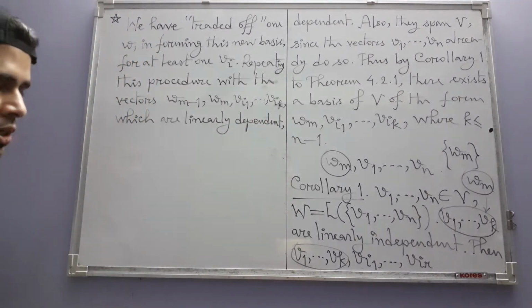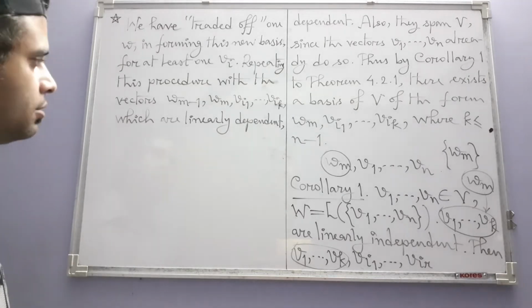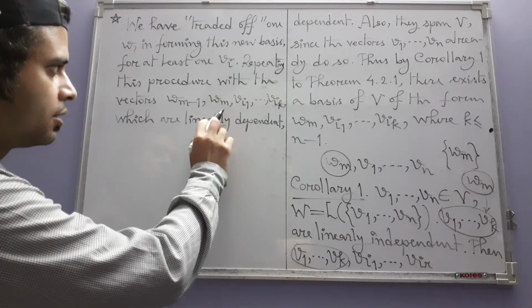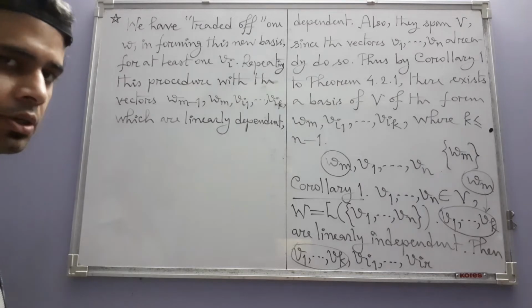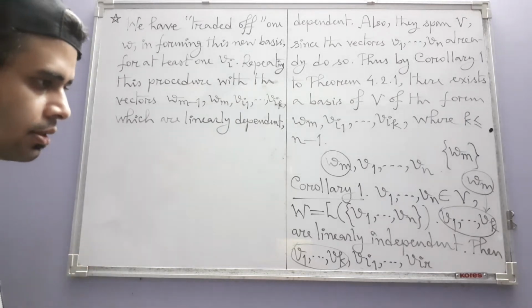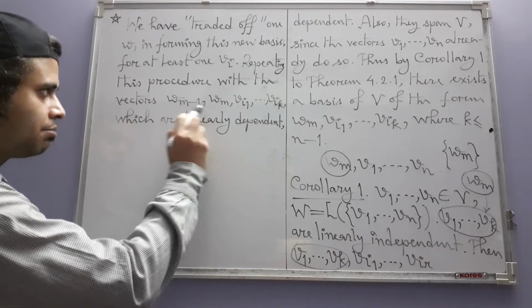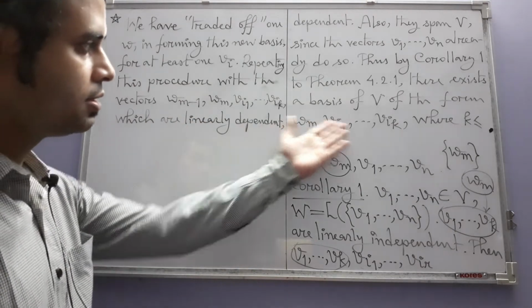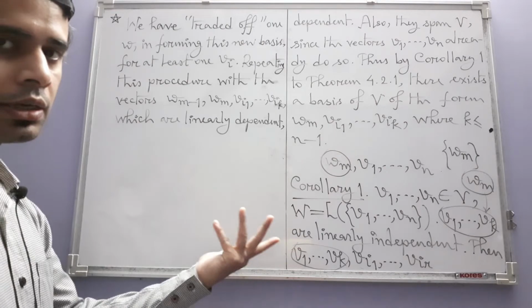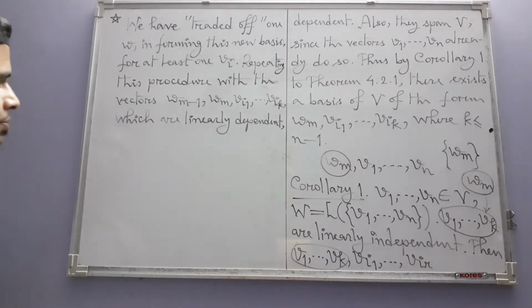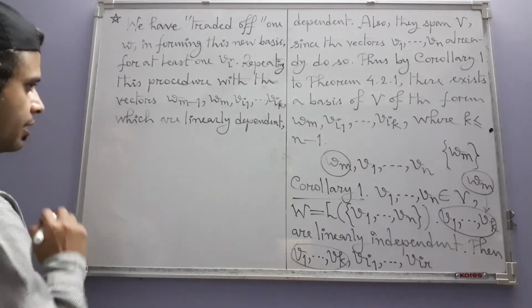All the justifications are also going to be repeated. Just like we introduced Wm among the Vi's, we got a linearly dependent set. Now introducing Wm minus 1 among these basis vectors, again we are going to get a linearly dependent set.